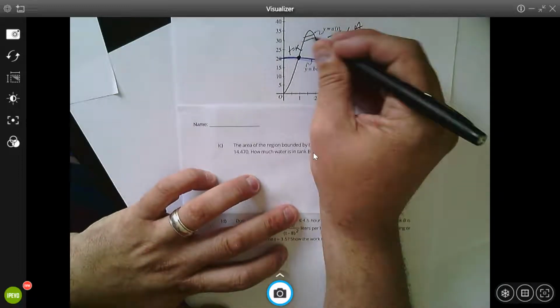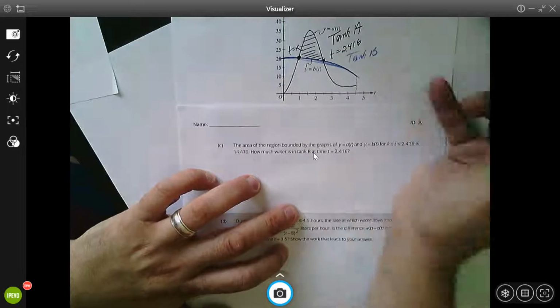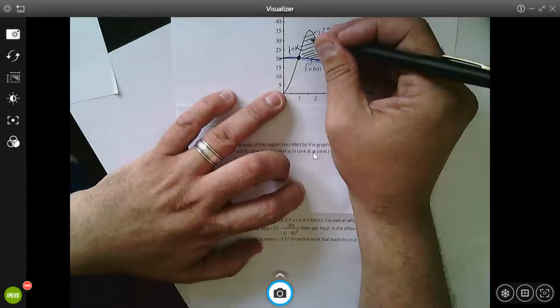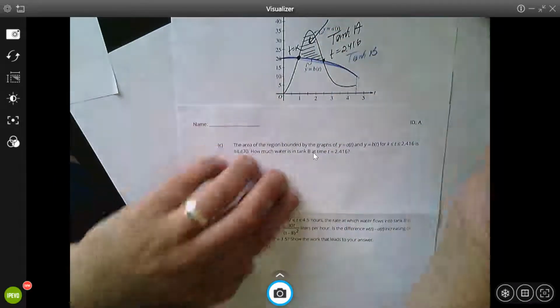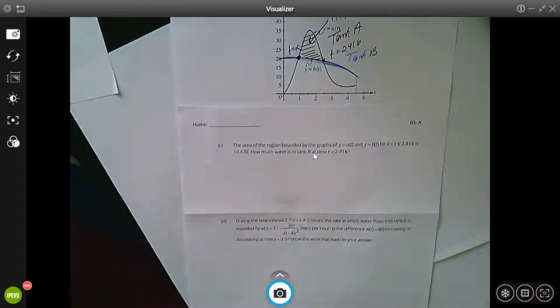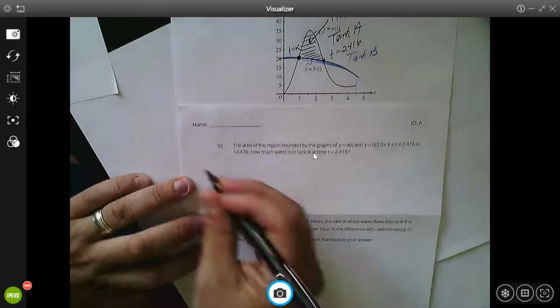Okay, hold on a second. So they've told me about the area, that that area here is 14.470. And they're asking me to determine how much water is in tank B.